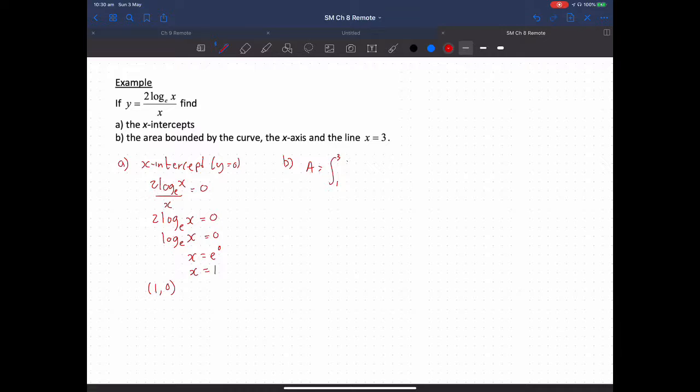Our function is 2 log e of x, all divided by x, dx. Looking at this, we obviously don't have a straightforward antiderivative that we can do by formula, so what we're going to do is use substitution.